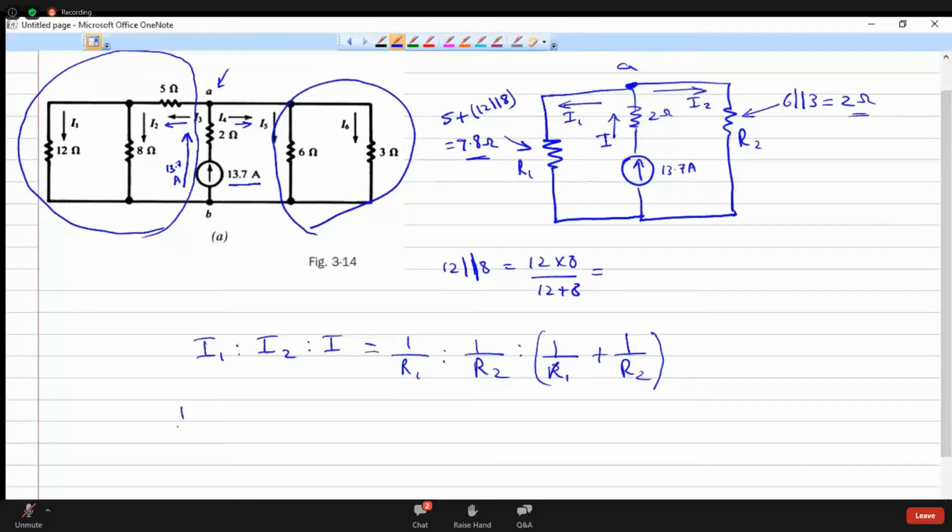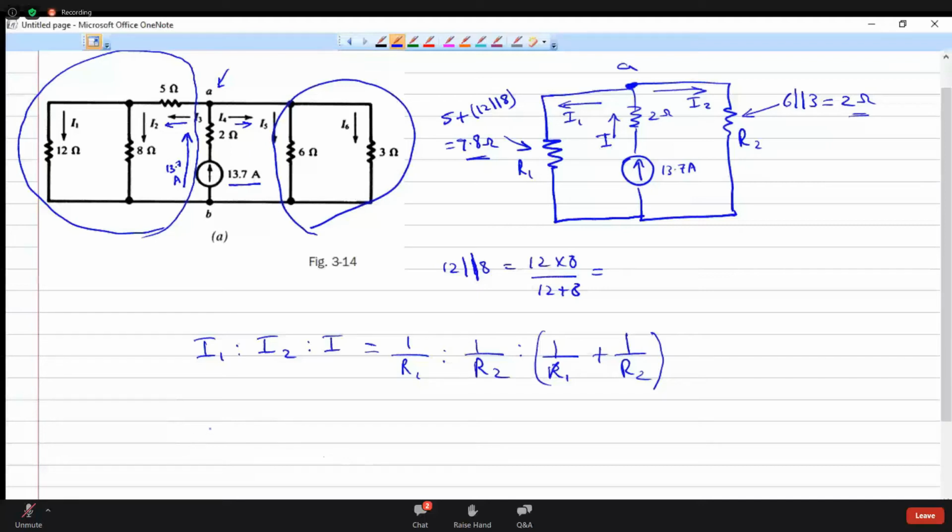So what is I1? I1 by I could be written as 1 by R1 divided by 1 by R1 plus 1 by R2. So if the values are given, then it is very easy. Otherwise, don't take the pain of doing all this ratio thing. It is better to directly use our current divider equation.